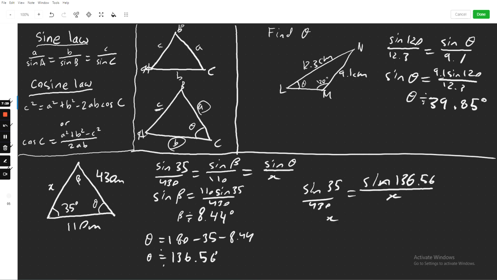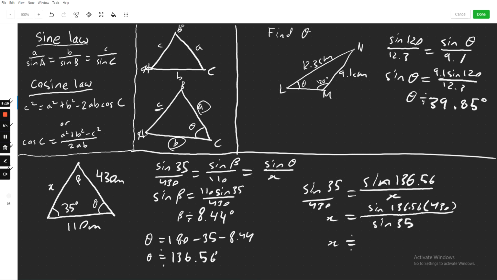Therefore, x equals sine 136.56 divided by sine 35, and don't forget the times 430 over here.